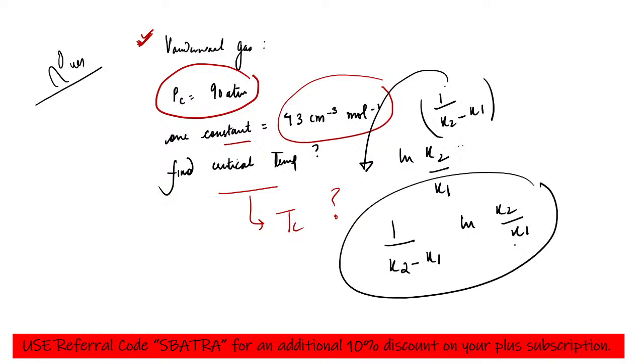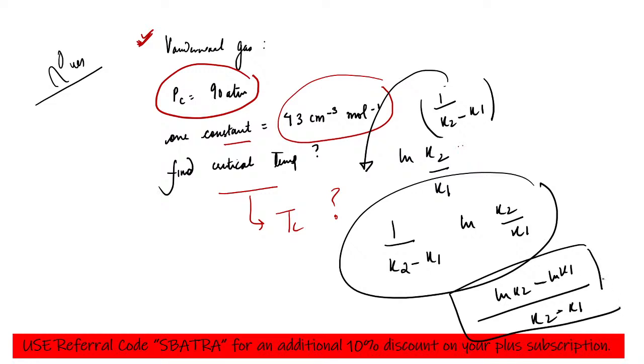Or I can write ln k2 minus ln k1 divided by k2 minus k1. We can write it either way. Just remember one thing: if you are using k2 first, then in both terms you'll get k2 in the first place.